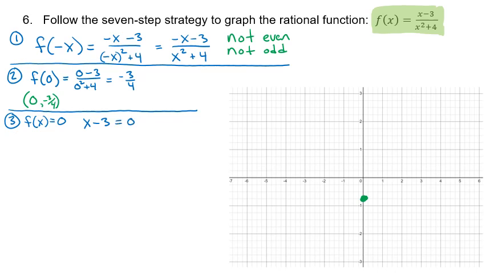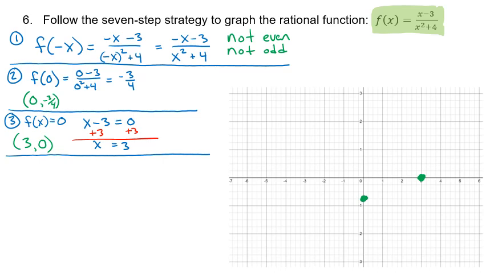Add 3 to both sides, and we get x equals 3. So when y is 0, the x value is 3. For the y-intercept, plug in 0 for x. For the x-intercept, plug in 0 for y.